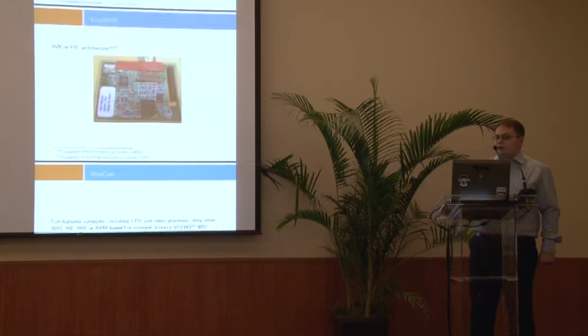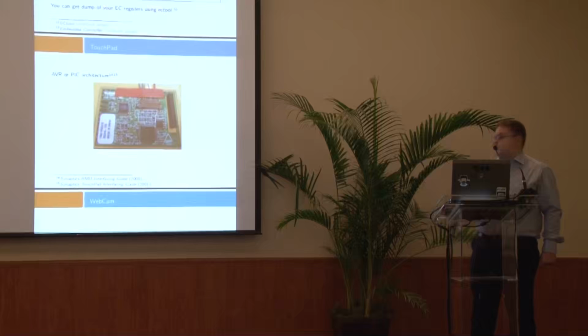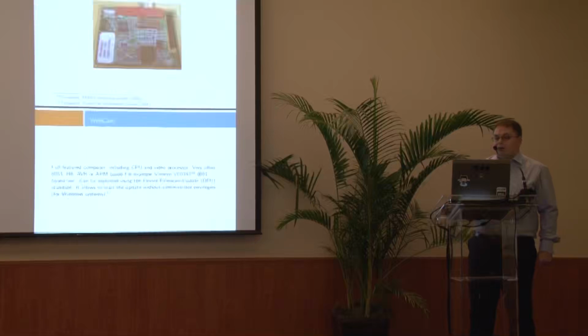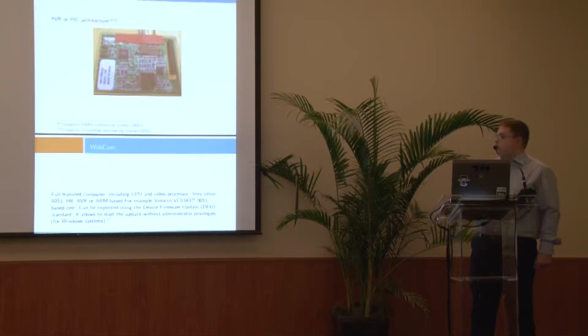The next chip is a touchpad. You can find that in your touchpad there is an independent microprocessor again. Usually it's an AVR or PIC architecture, and there are no public attacks using this chip yet.